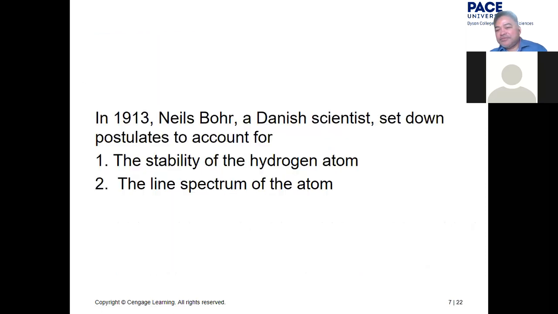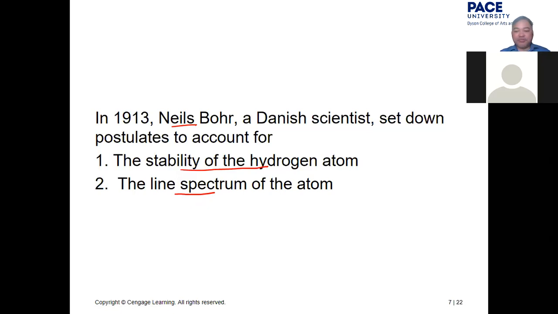So what happened? They always try to find a way to answer some stuff that cannot be explained during that time. And it takes Niels Bohr in 1913 to account for the stability of the hydrogen atom and at the same time explain the line spectrum of the atom.